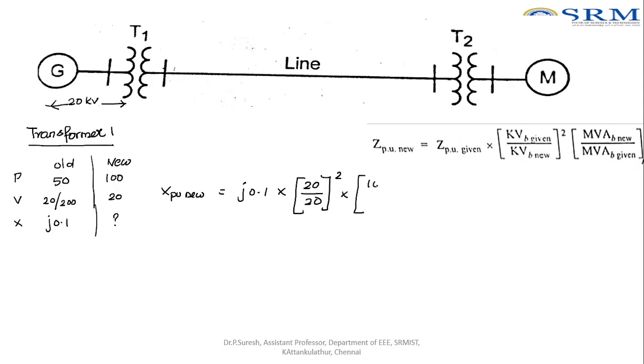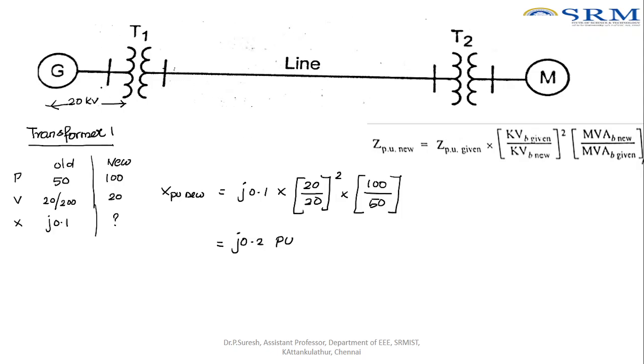New power is 100 always. What is the old power? It is 50. So old values, those values are given in the problem. Okay, so when you multiply all these values, we get the value J 0.2 per unit. So this is for the transformer.